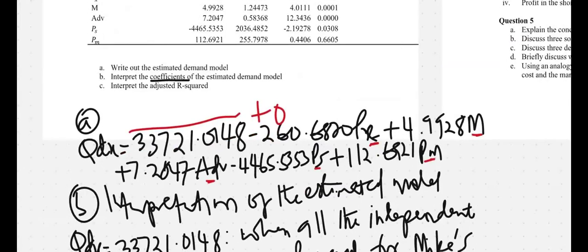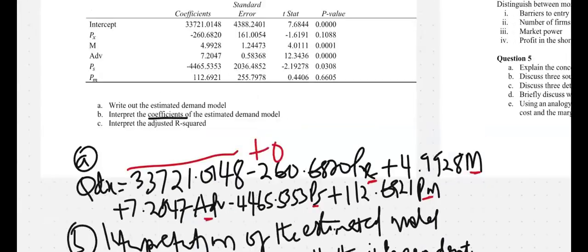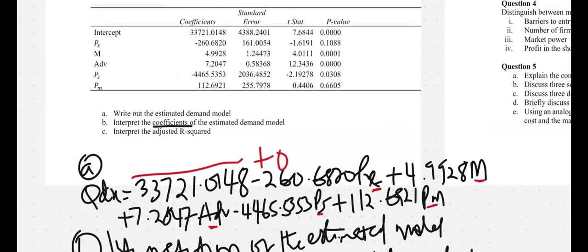Now, the main product in question, the QDX, refers to the demand for Mike's Pizza. So we would write it out by saying QDX equals, then we start with the intercept, which is written first, followed by the next coefficient, which is a negative coefficient.